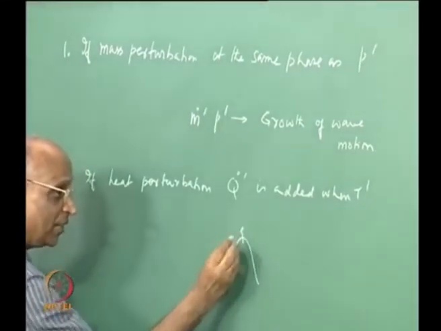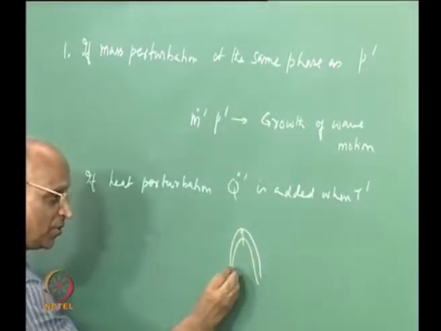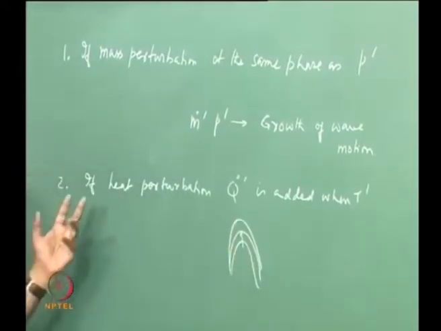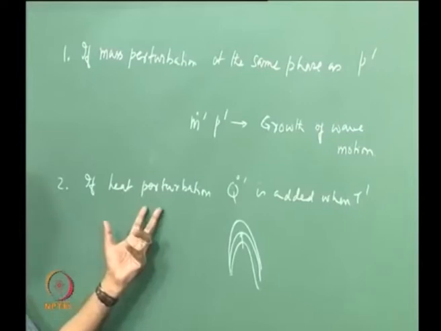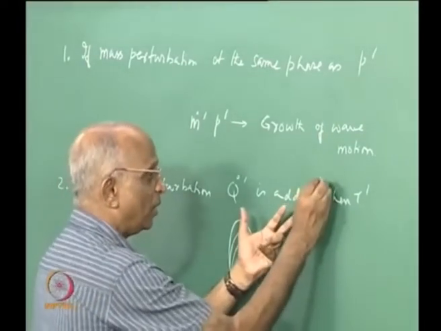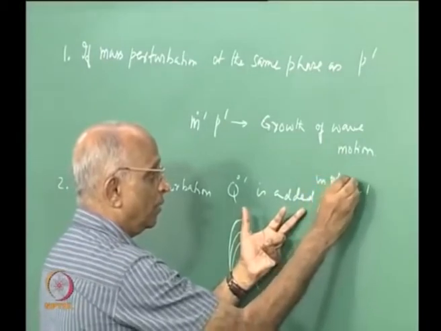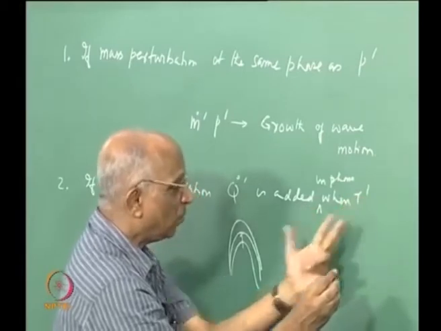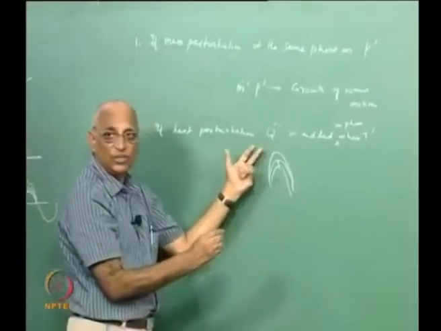I add heat when it is maximum, my temperature fluctuation will increase. I add still further heat, my temperature fluctuation will increase. Therefore heat perturbation added in phase, and that is important, in phase with T prime is what will give me a higher value of this.